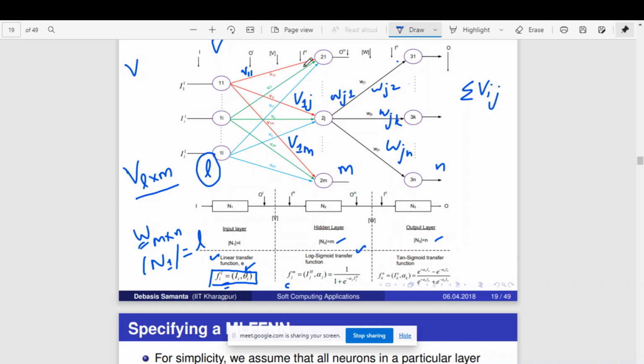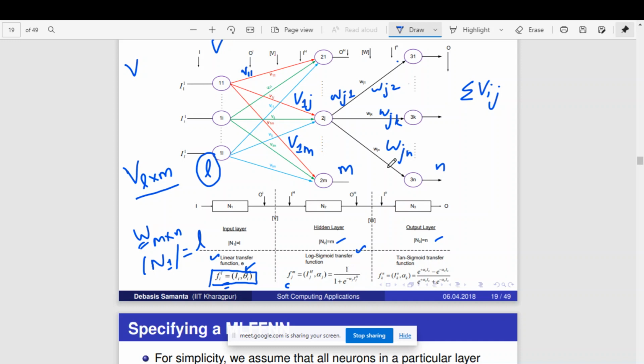We add all these weights, and after that we pass the result to this function, 1 by 1 plus e to the power minus alpha into ij. So this is basically a sigmoid transfer function.